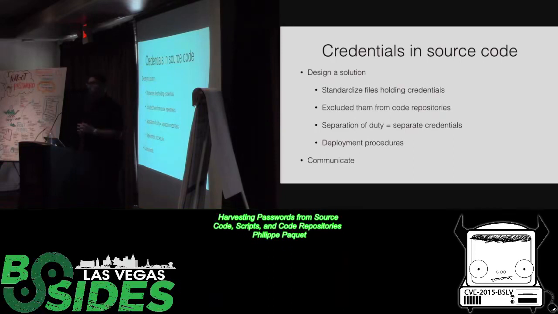But you cannot go to them without a full solution. And that full solution includes involving the IT team or the technical operation team. Everybody needs to know how that's going to work. You go to the developer, you educate them, you say, okay, we're going to put those credentials in a properties file.